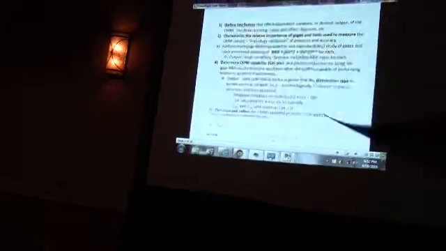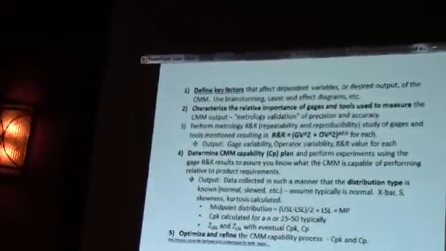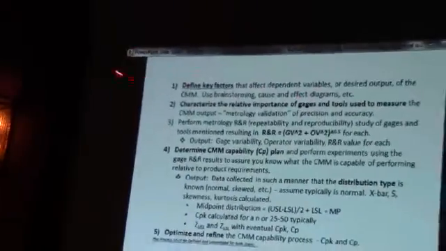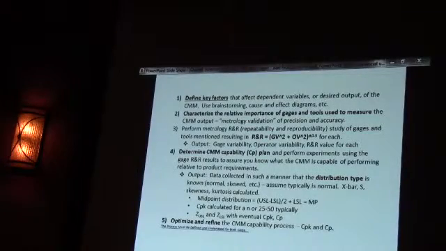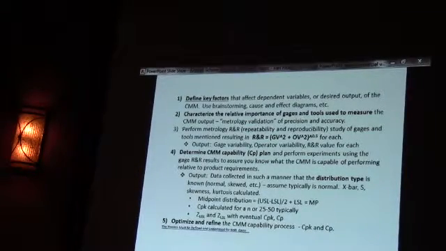Okay, so I see that there are basically 5 areas that one needs to address when you're doing this sort of thing. First of all, you've got to define key factors, and I'll show you a table in a minute. The independent variables, those are the variables which determine what the CMM machine is measuring, have to be understood.